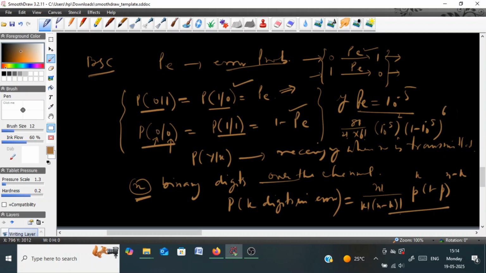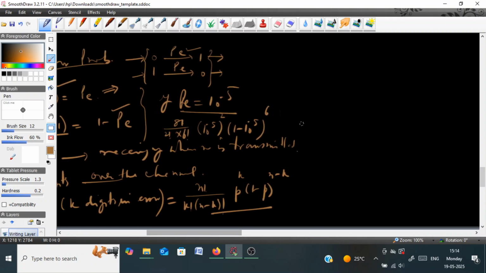Okay, which is approximately taken as 2.8 into 10 to the power minus 9. Okay, so this is the probability of error.